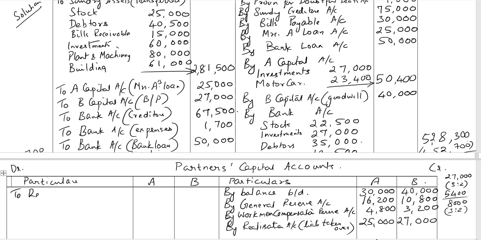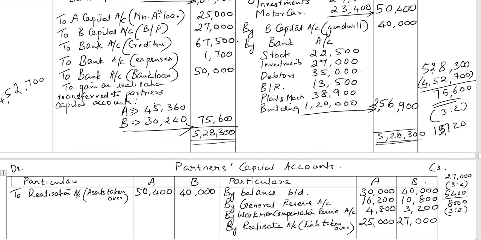To realization account for assets taken over, total asset taken over by partner A is 50,400 rupees. And in the case of B, it's 40,000 rupees.